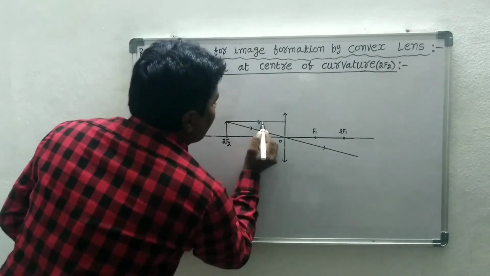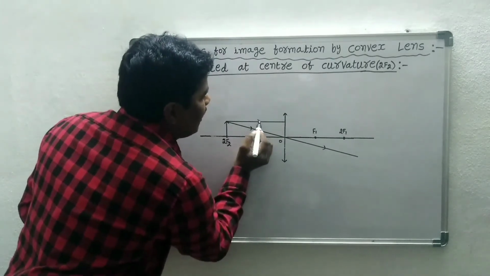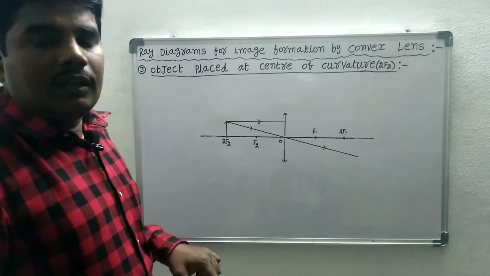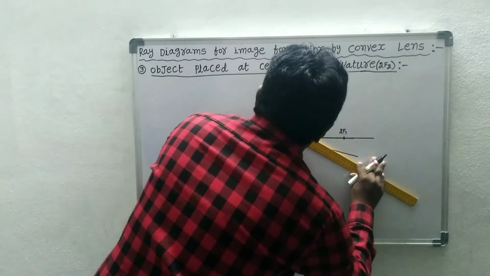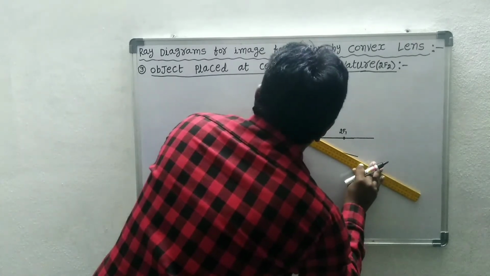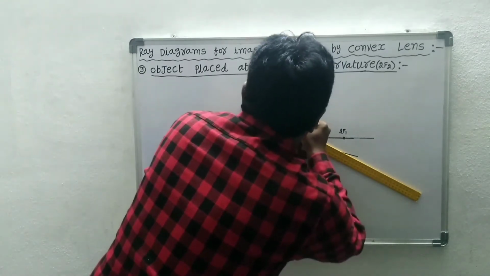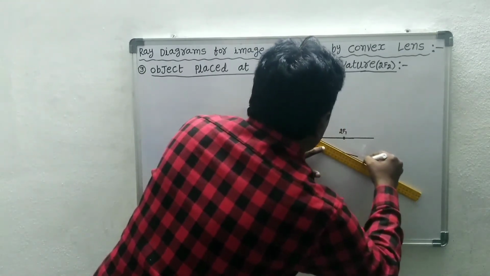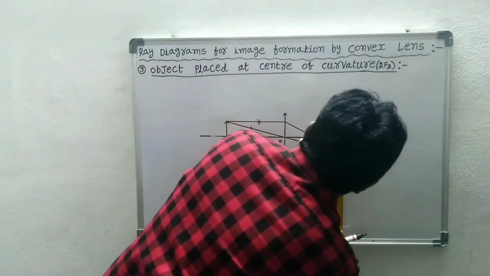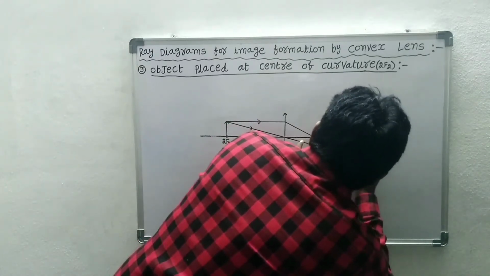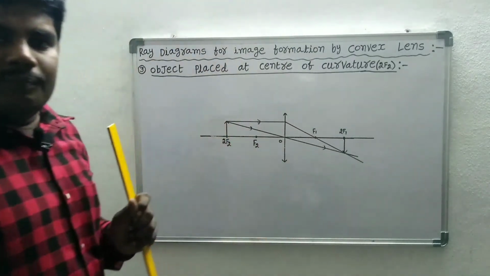The light ray parallel to the principal axis is deviated and passes through the principal focus, like this. So these two intersect at this point. So here the image will form.